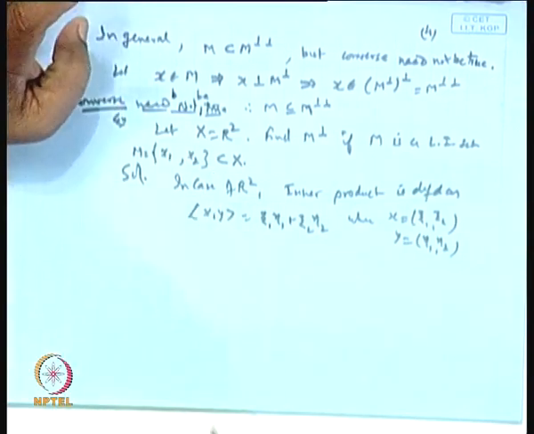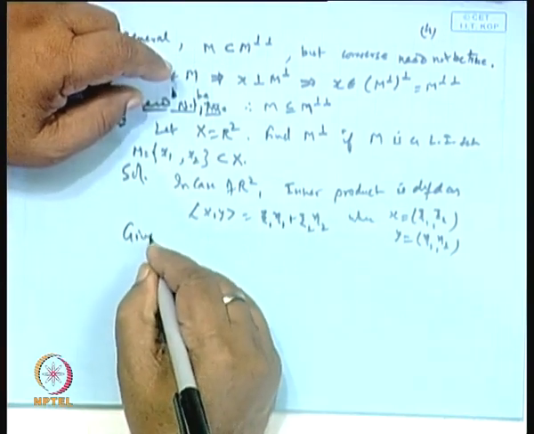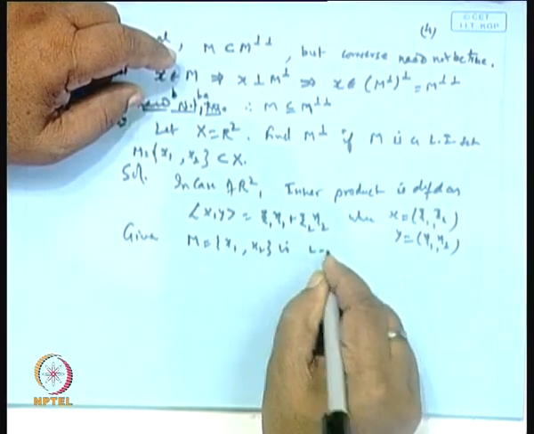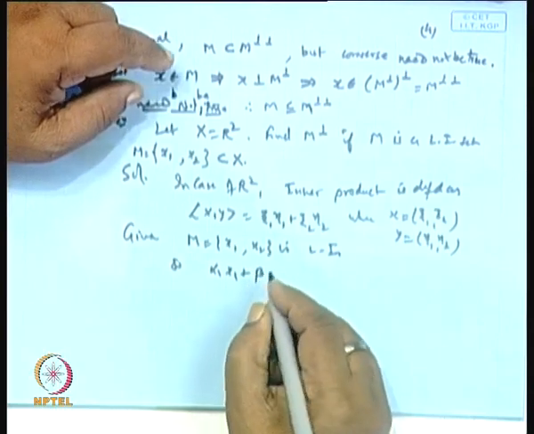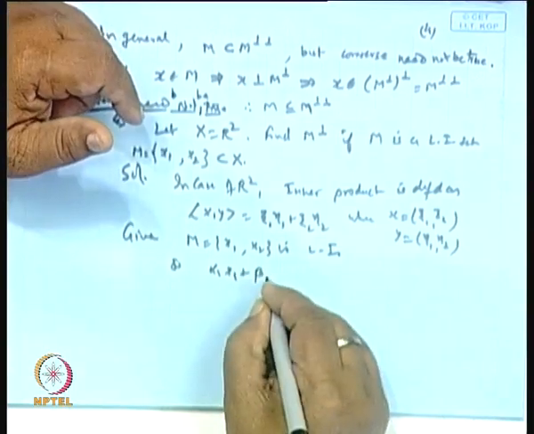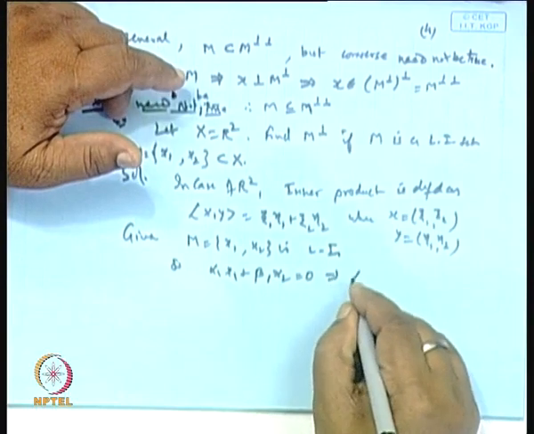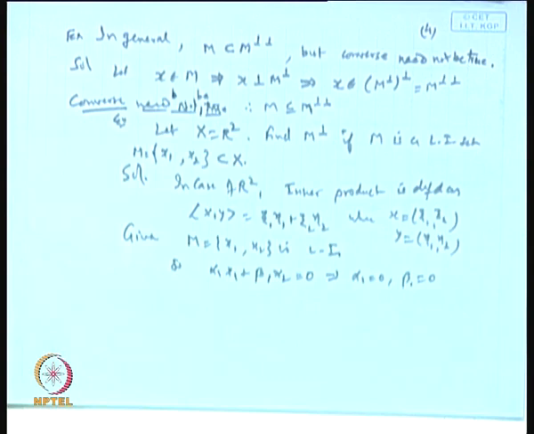Now, if this set M, which is x1 comma x2, is linearly independent, then alpha1 x1 plus beta1 x2 is 0 implies alpha1 is 0, beta1 is 0. A set of vectors is linearly independent if the scalars alpha1 x1 plus alpha2 x2 is 0 implies all alphas are 0.